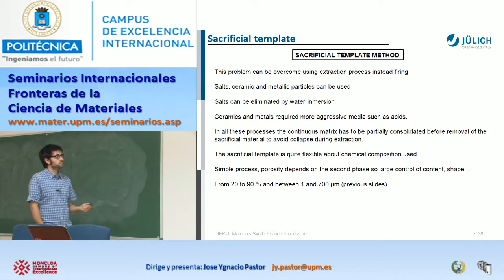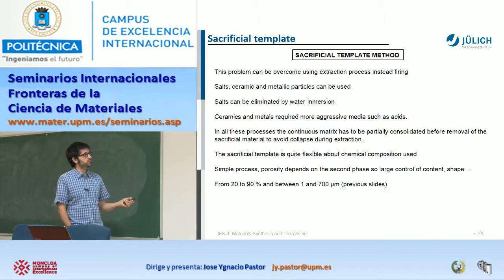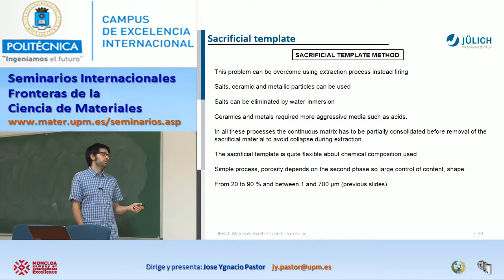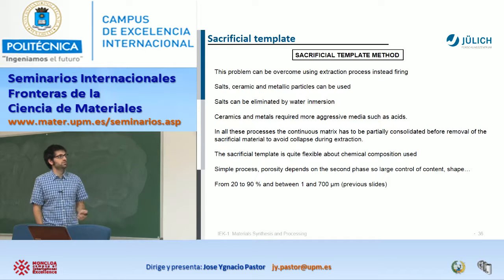The only problem is if you add ceramics or metal as template, then it requires really aggressive media like acids or bases that attack your material. But if you use salt, which is the most common material in that case, it is quite easy, just water immersion.